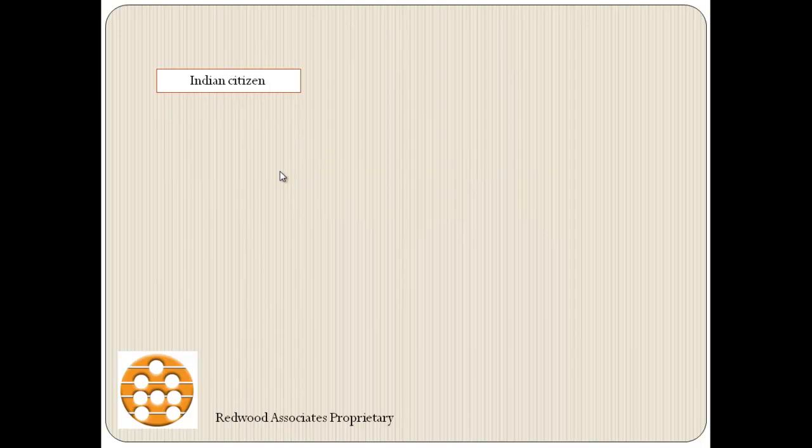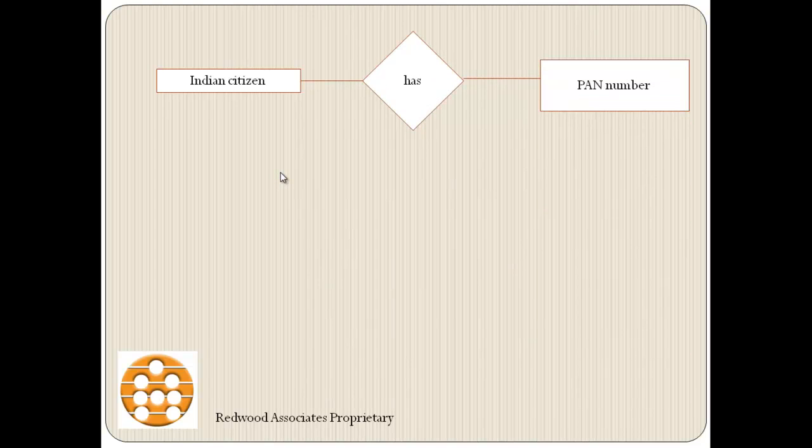Now, let us take an Indian citizen. This becomes an entity. It has a relationship, a PAN number. Now, each Indian citizen can be assigned only one PAN number. Also, each PAN number can be assigned only to one citizen.